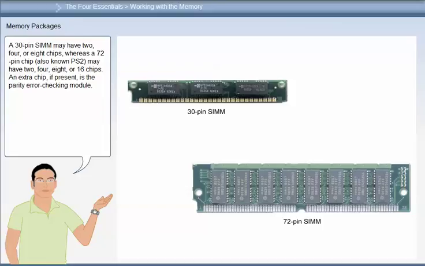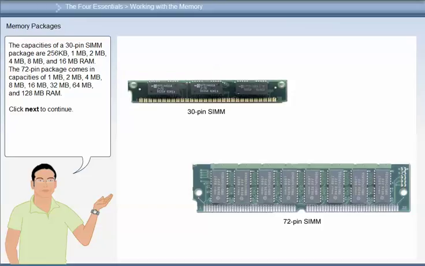An extra chip, if present, is the parity error checking module. A 30-pin SIMM package has a data bus width of 8 bits with 9-bit parity. A 72-pin SIMM package has 32-bit data width with 36-bit parity.